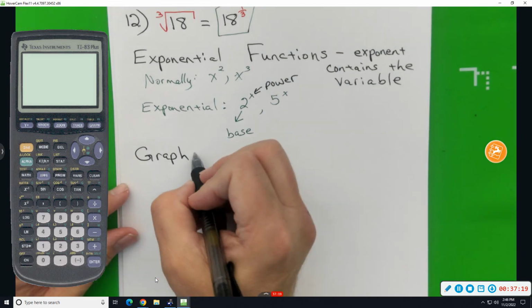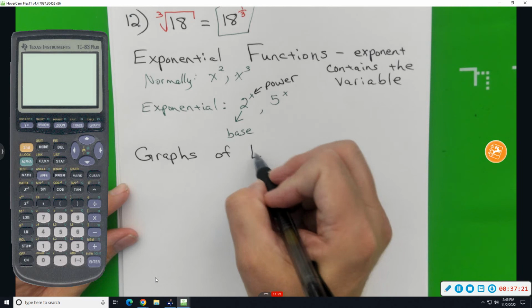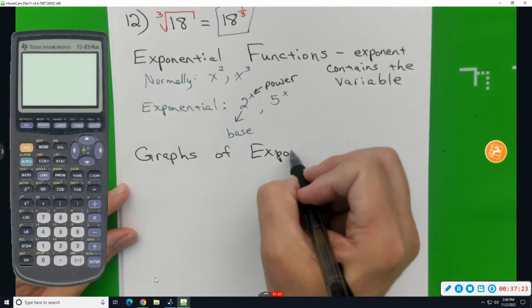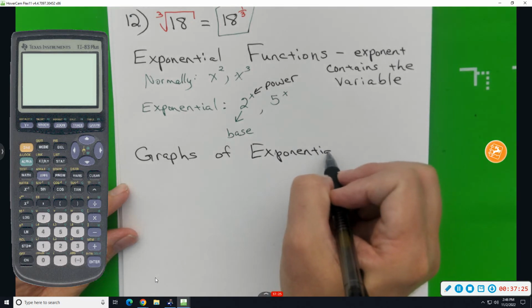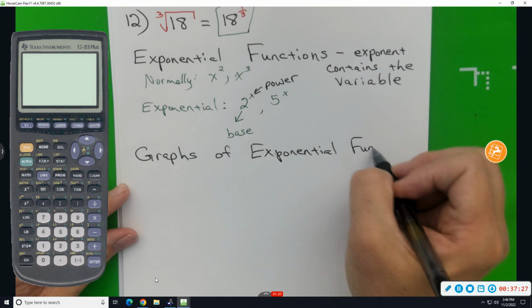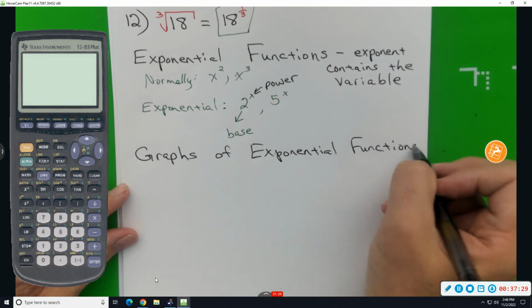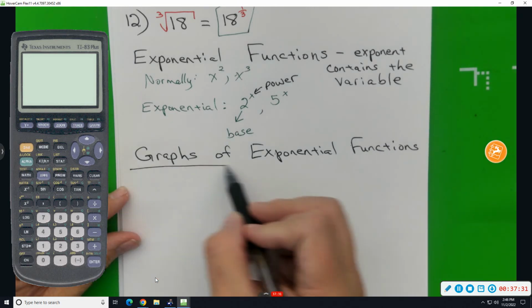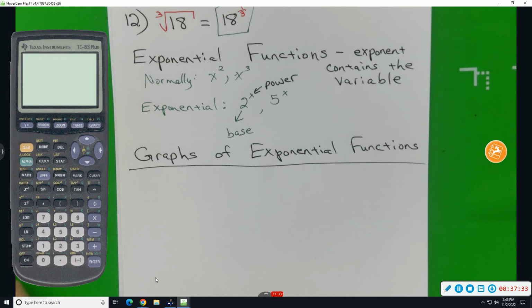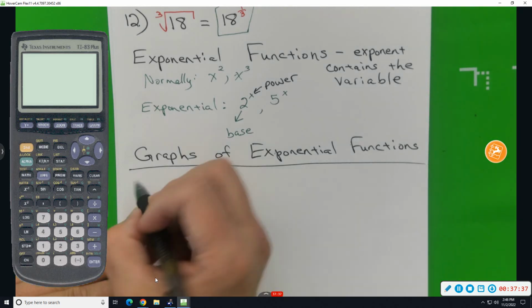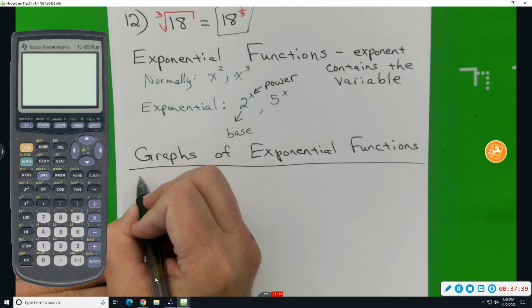Let's say graphs of exponential functions. Let's suppose we wanted to graph the following.